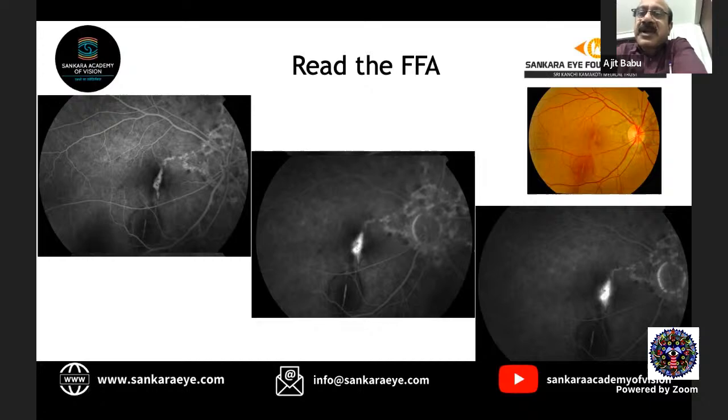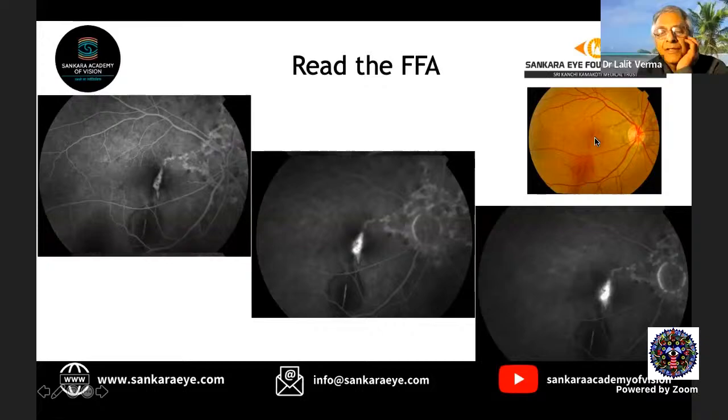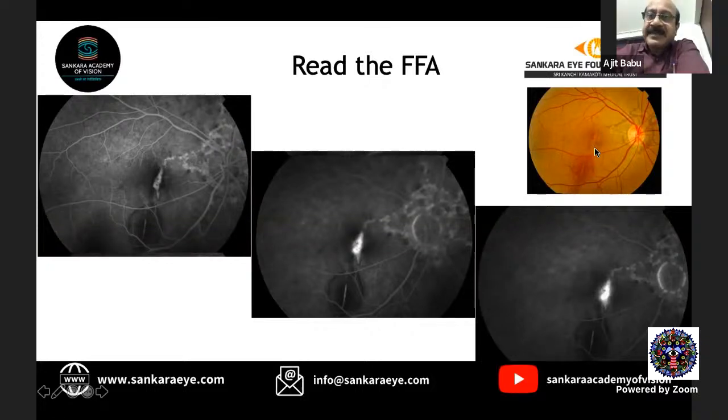The superior temporal tract is extending through the macular area to inferior, while in the macular area as well as in the inferior temporal areas, it is associated with some hemorrhage around the tract.